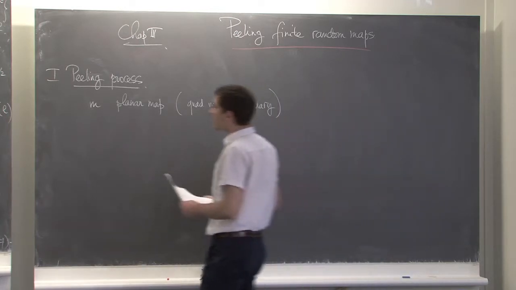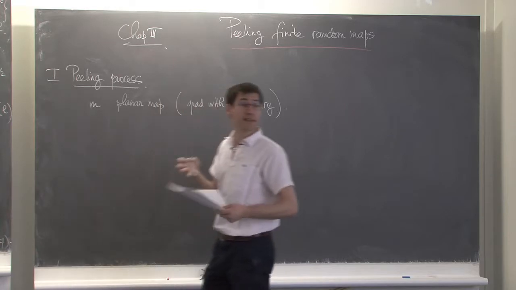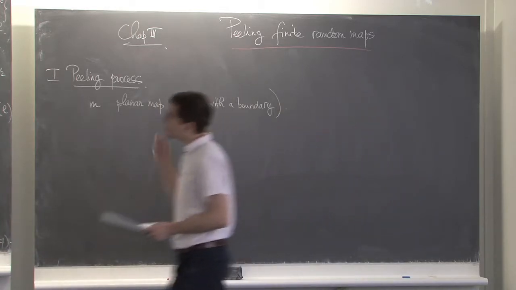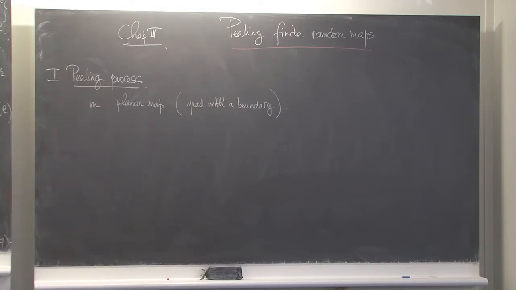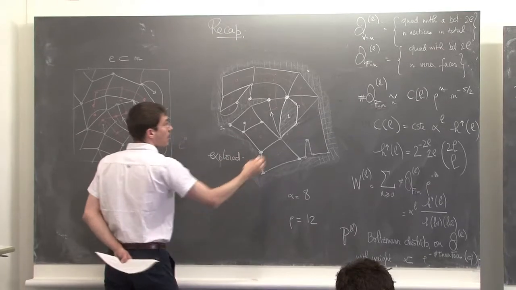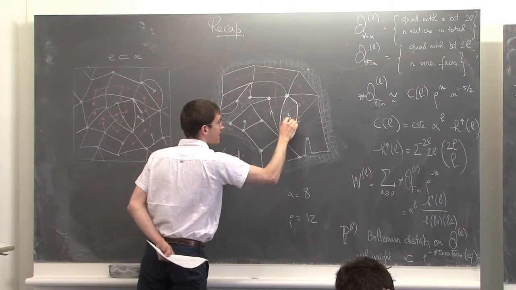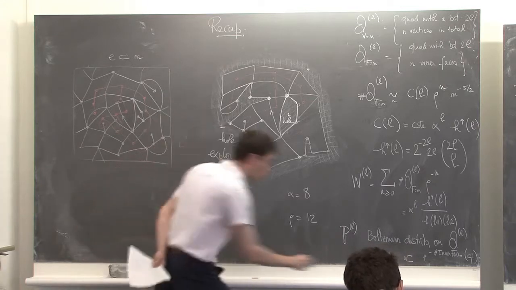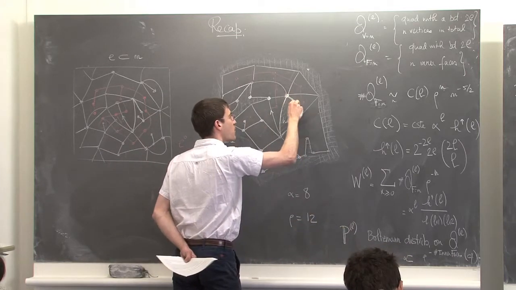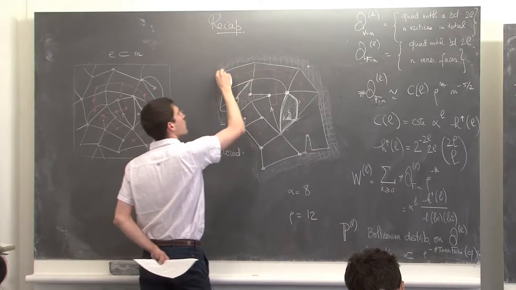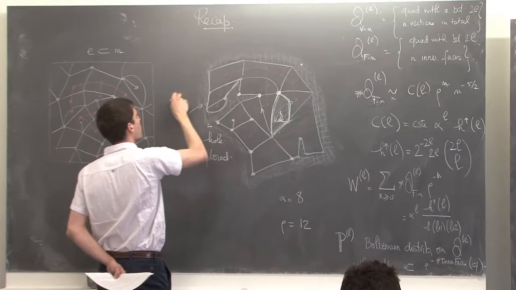And the pinning process of M will be a deterministic way to explore the map M. So a bit of notation before. When I have an explored map like this, so E stands for explored. So recall that this is a hole, and we'll call the boundary of the holes, which must be simple curves, the boundary of the holes, these are the cycles.